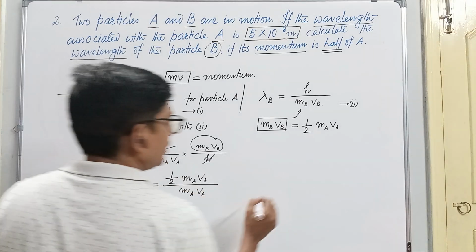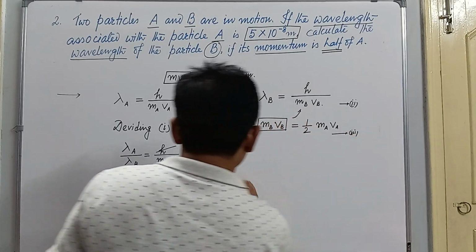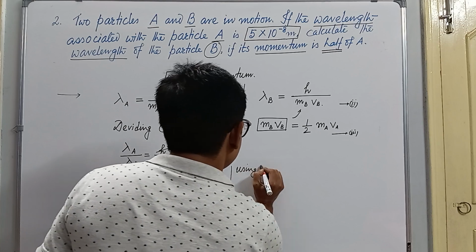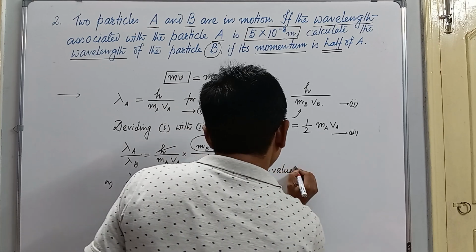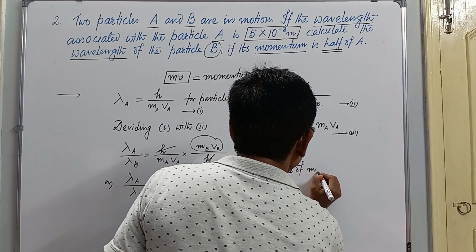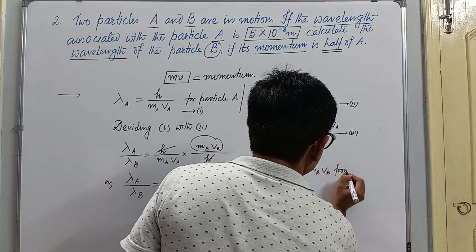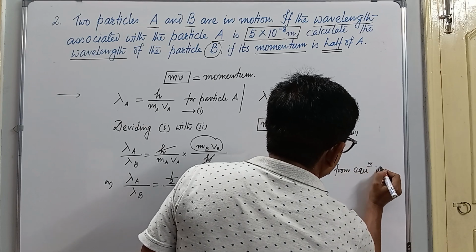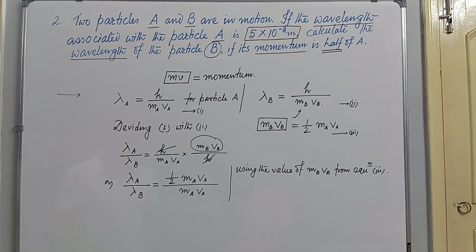So how are we getting this one? Here I am writing using the value of MB VB from equation 3.